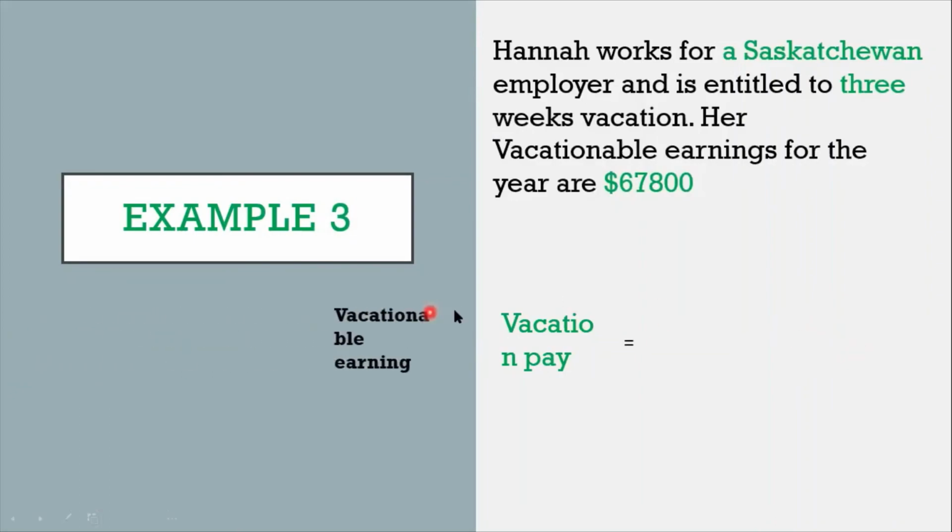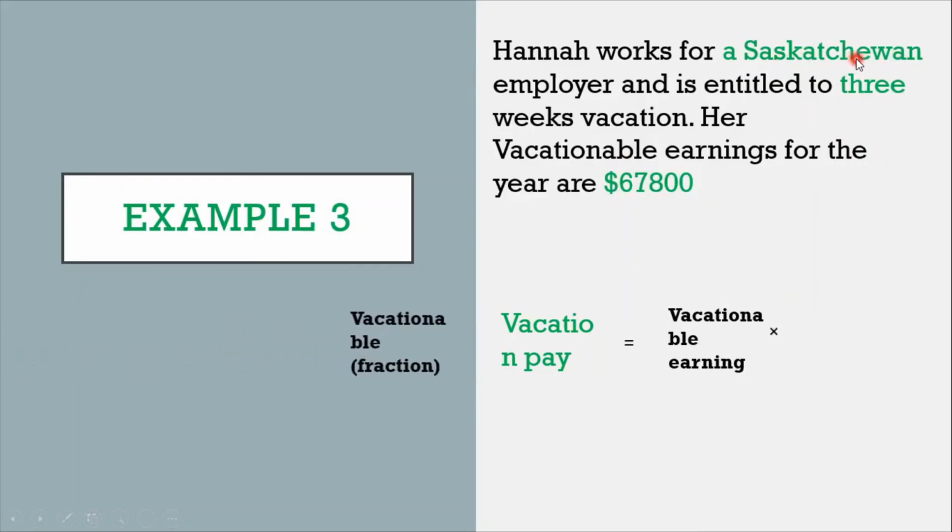So here you will have vacational earnings, which will be 67,800, times the fraction. Because we are dealing with Saskatchewan, when you're doing your exam, you have to pay attention to the province that you're dealing with.